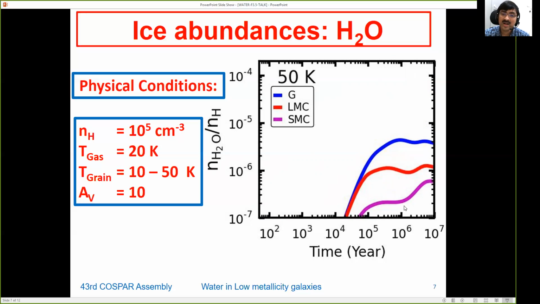So whatever water abundance we are looking at at these high temperatures is due to freeze out. That is, the water produced in the gas phase freezes out on the surface of the dust grain due to sticking. That is what we are seeing. At around 50 Kelvin, at these higher temperatures, we cannot efficiently produce water on the surface of the dust grains.